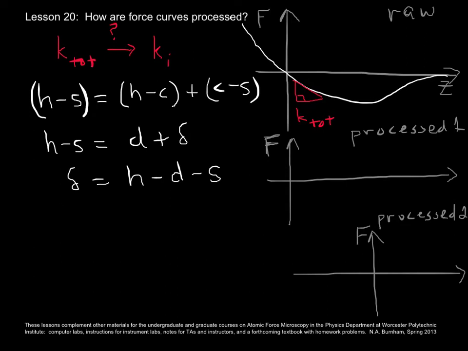Okay, why do we want delta? Because delta is equal to force over Ki. So if we can replot our raw data as a function of delta, then what we'll find is that the spring constant associated with the interface, the tip-sample interaction, will be the slope of a force delta curve.